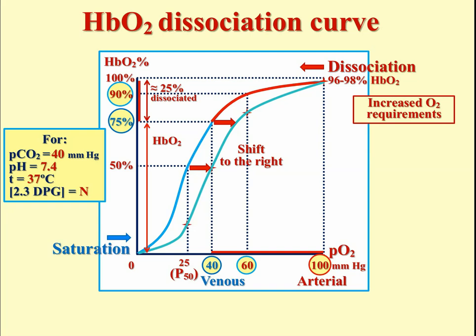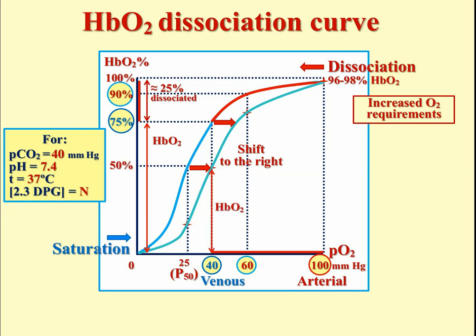Each of these changes produces a shift of the curve, and correspondingly all the changes simultaneously produce a greater shift. The shift to the right shown now is an example. It can be a stronger shift or a smaller shift, depending on the situation.